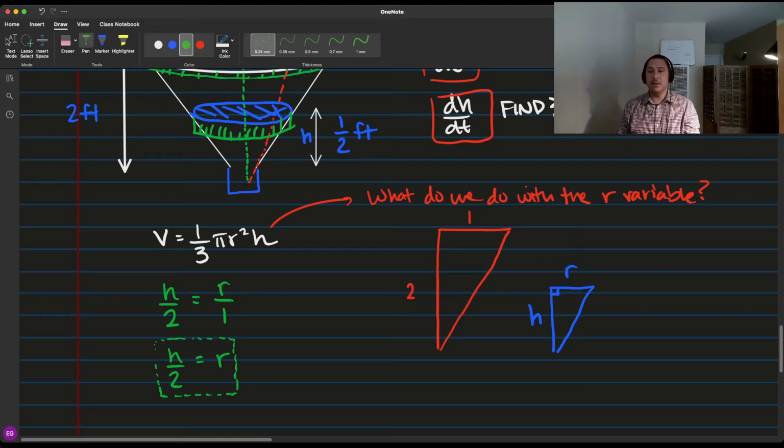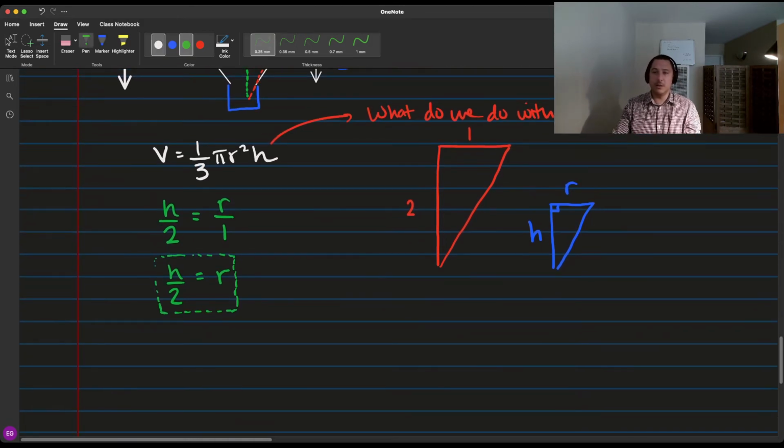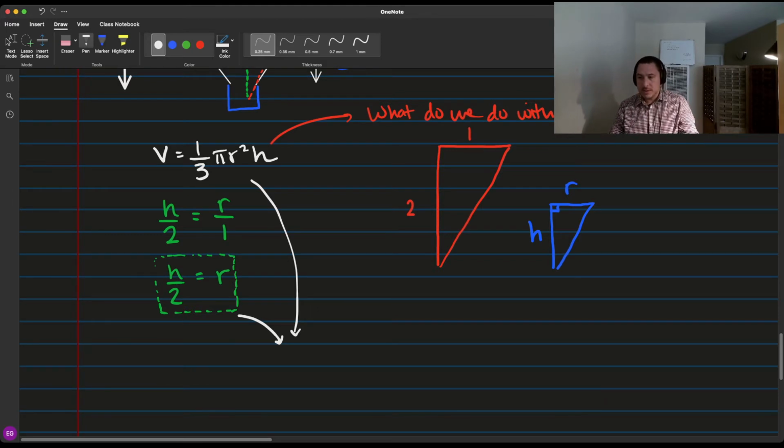So what I'm going to do is take my volume equation now and plug in wherever there's r, h over 2. So I'm going to get the volume equals 1/3 pi, my r is h over 2 squared, times h.